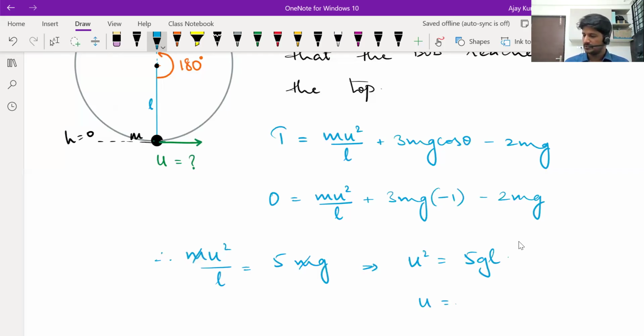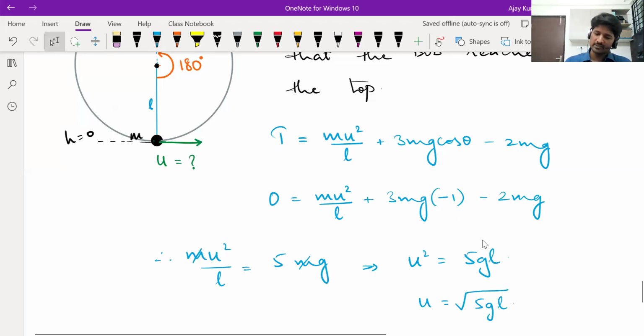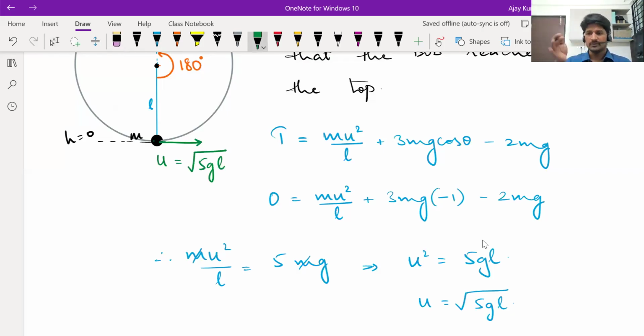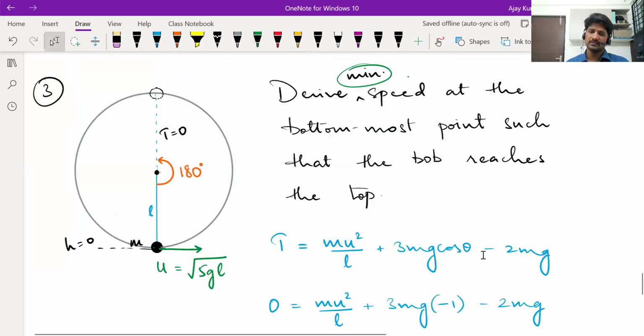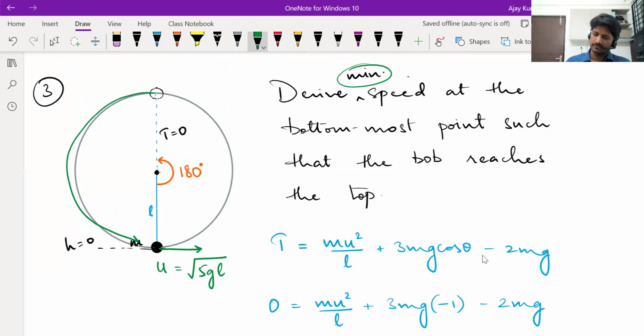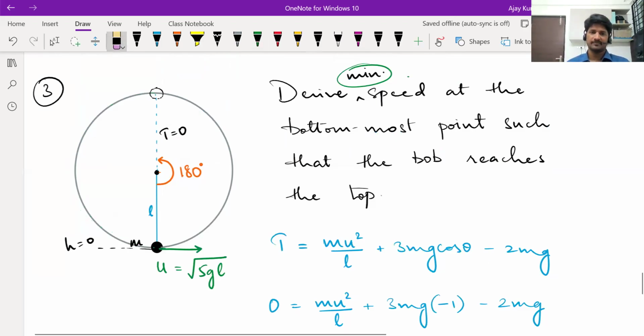That means U is under root 5 GL. So if you give that much speed at the bottommost point, the bob will definitely reach the top without falling into the circle. And if it reaches the top, it will continue moving along the circle down also. That means it will complete the vertical circle.